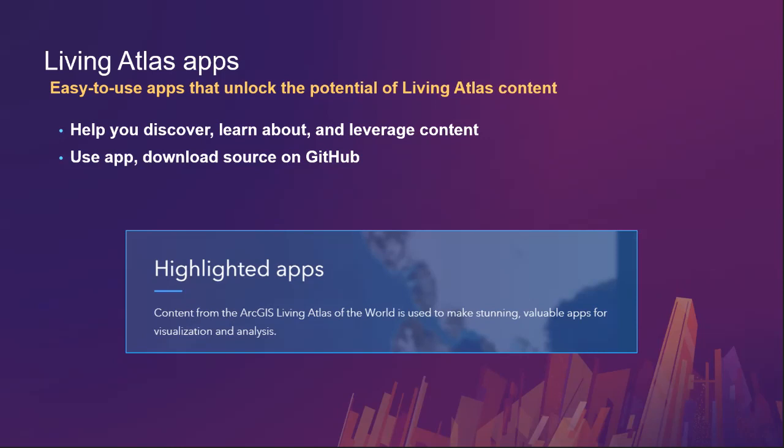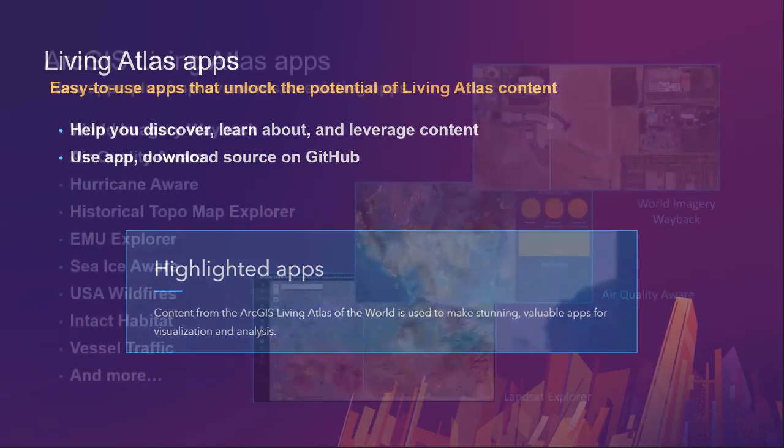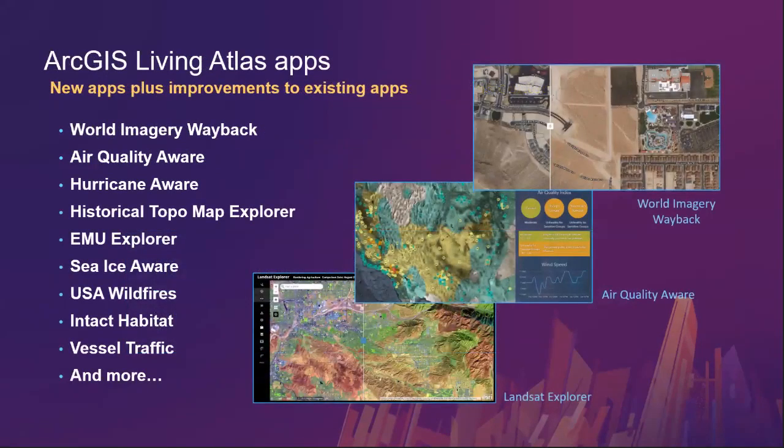What's cool about this is that some of these apps you can download the source on GitHub and edit them for your purposes. So these apps deliver tools that help you extract content or create maps directly. They're not only interesting and educational, but they're also there to support you in your map making workflows. For example, we have new apps that help.